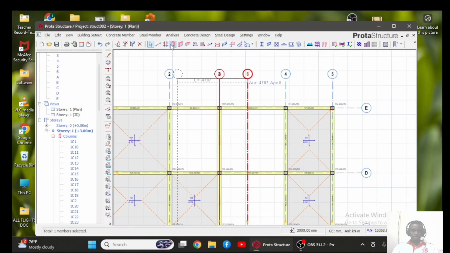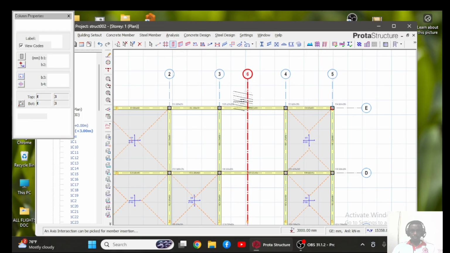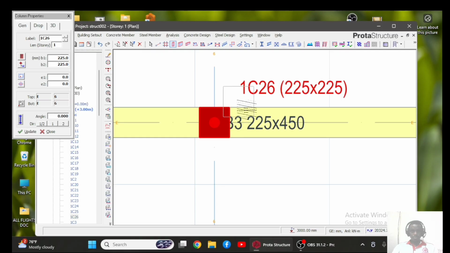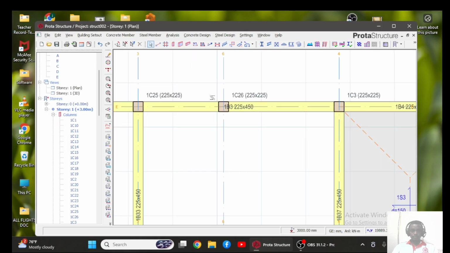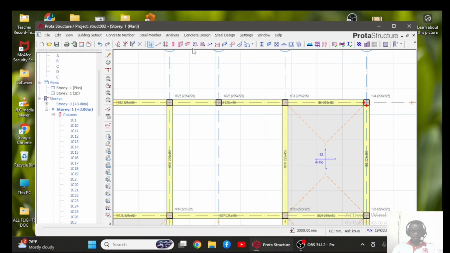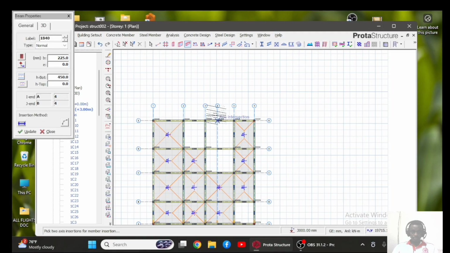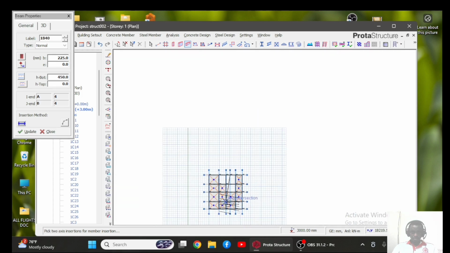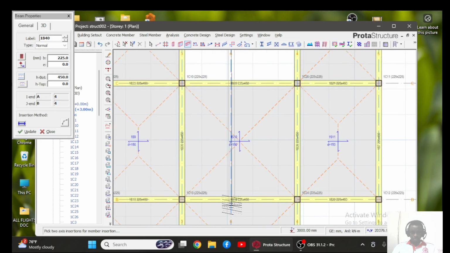Then let's insert a column, same column size at this point. Then let's insert our beam. Let's say supposing this beam is going this way. Insert beam going this way along this axis.